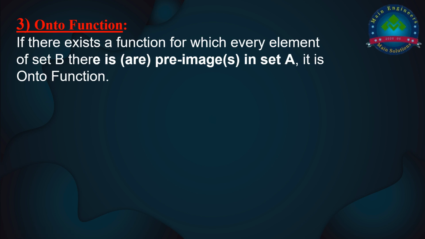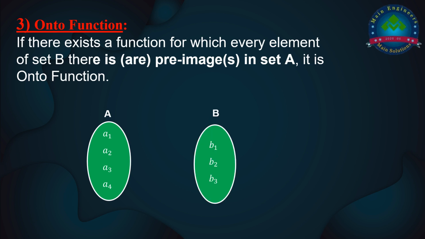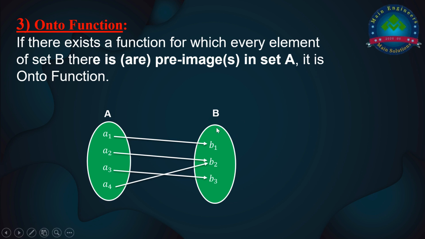Let's give an example to clarify this definition. Let's consider set A with the elements A1, A2, A3, A4, set B with the elements B1, B2, B3. So A1 is mapping with B1, A2 is mapping with B2, A3 is mapping with B3 and A4 is mapping with B2. So as we see, for each element of set B there is a pre-image in set A. So this type of function is called onto function.